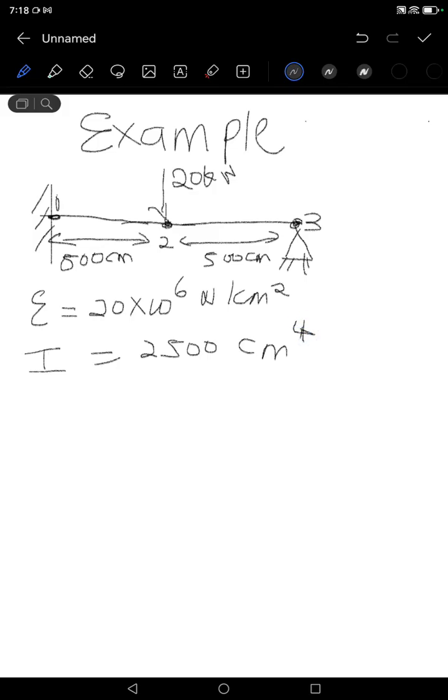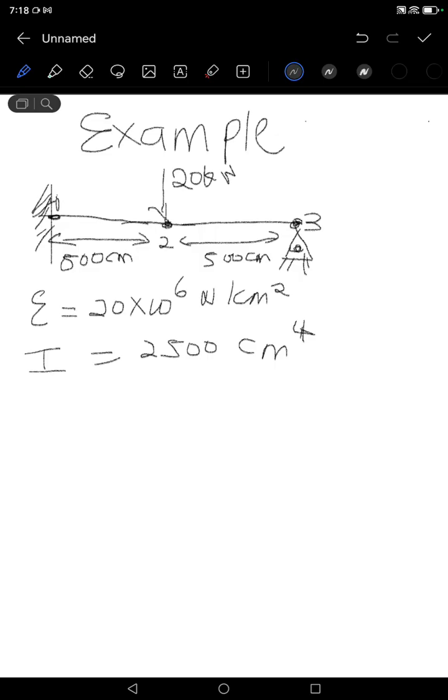So here we have a beam fixed at one end and supported by a roller at the other end, and then we have a 20 kilonewton force, or we can say loading, at the center of the beam.